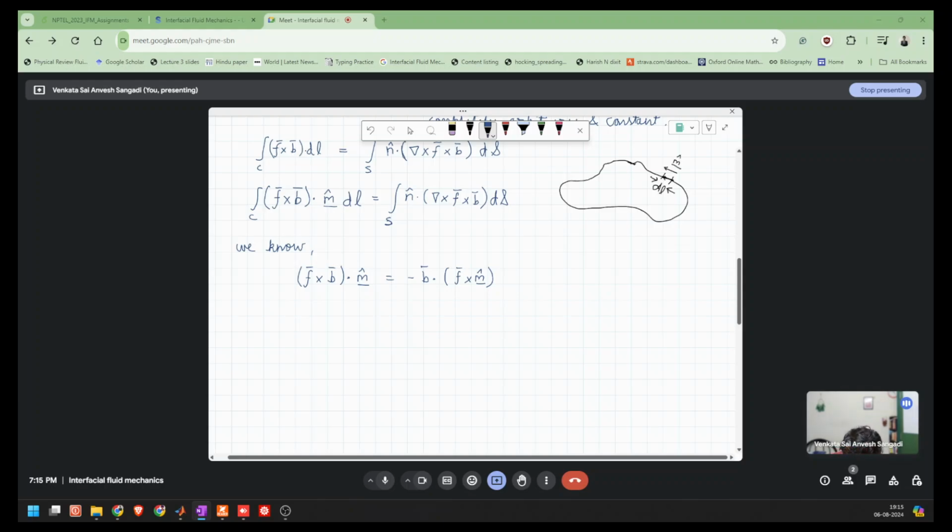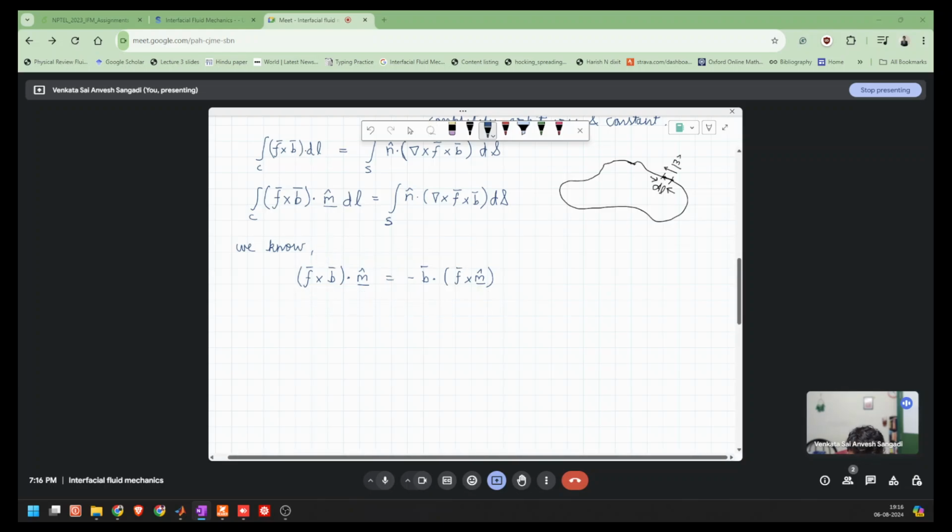We see that when we change the order to 2, 1, 3, we get a negative sign, and the cross product and the dot product have been switched. So this is fairly easy to show, and can be easily shown using Einstein notation.